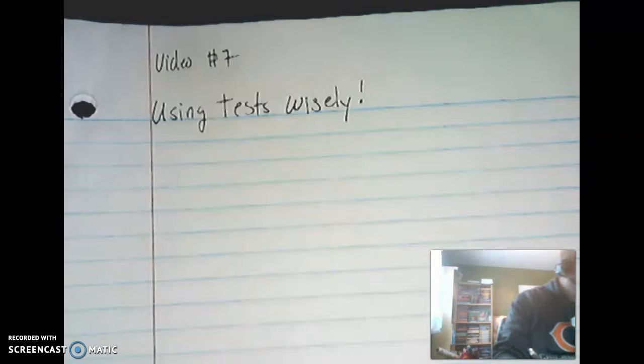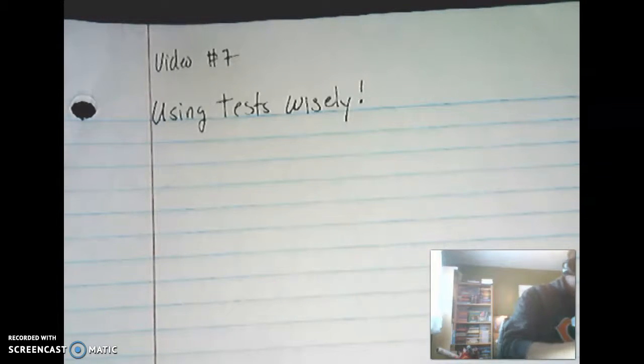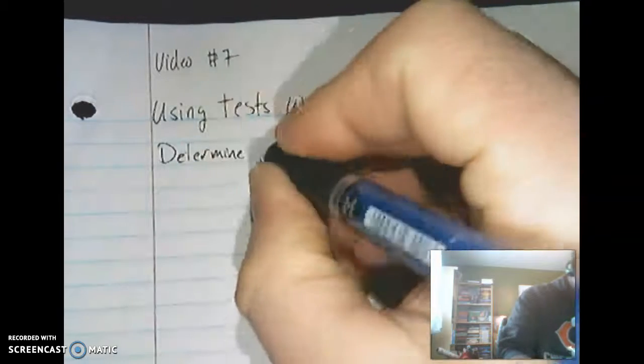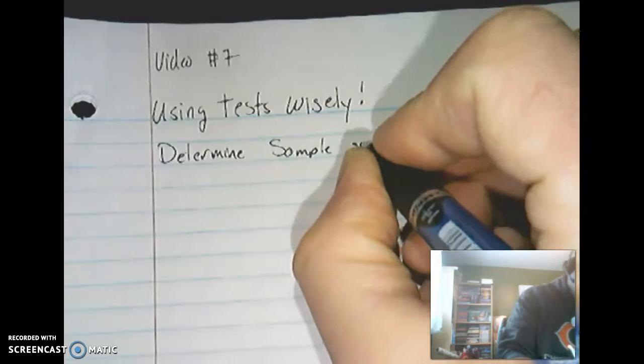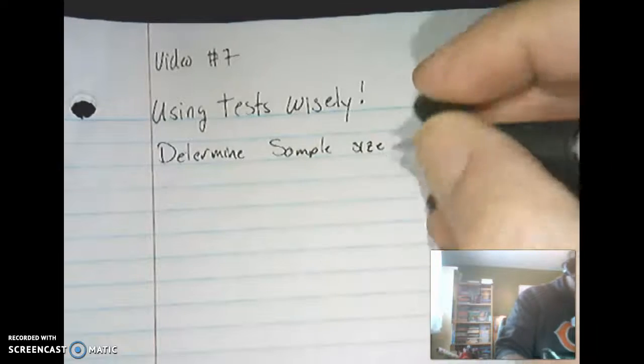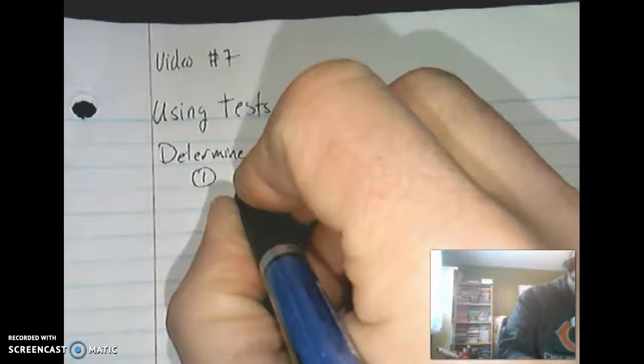9.3. We're looking at using tests wisely. There are a couple things that will be used to determine sample size. One is our significance level.